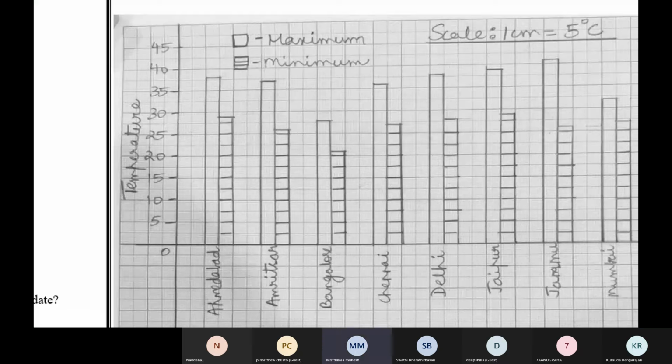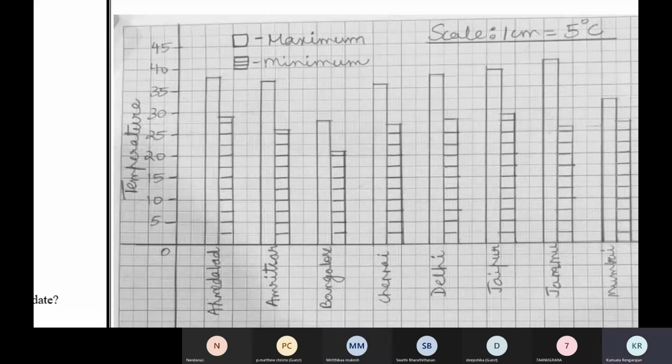After 25, 25.5, 26.5, ma'am. 27, 27.5, 28, 28.5, 29, 29.5, and 30, ma'am.